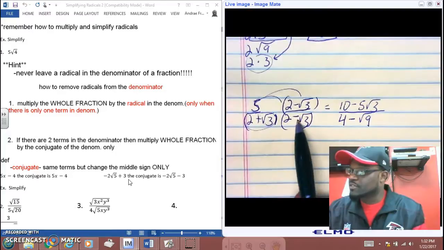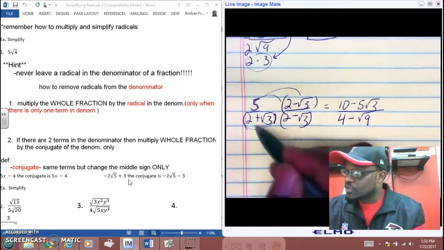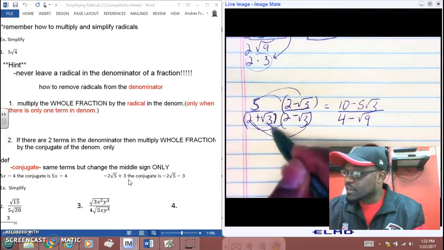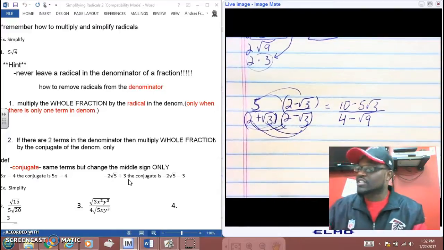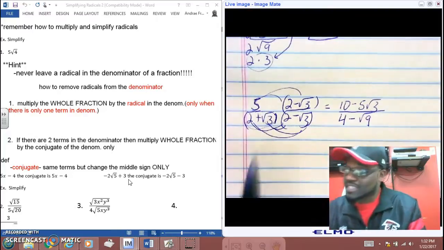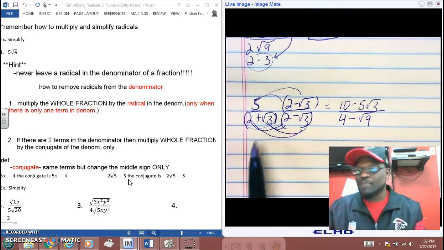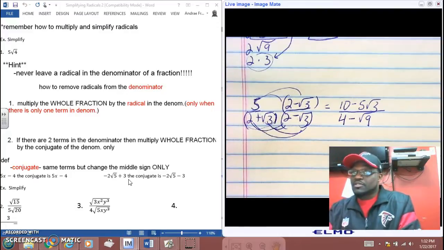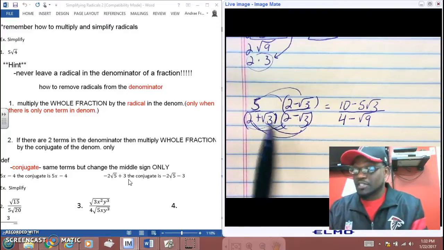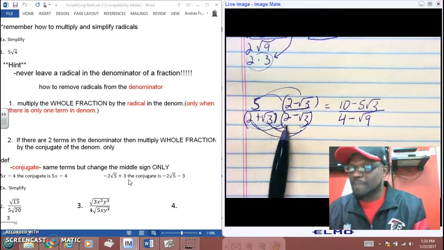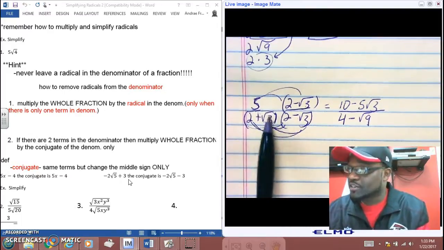Square root of 3 times negative square root of 3 is minus the square root of 9. You really should do 2 times 2, 2 times 3, and those 2, and those 2, but they cancel out. Just take my word for it. But it has to be the exact same thing, except the 2 signs are different. Now, if you remember from factoring the difference of 2 squares, that should make sense to you, because we've seen this type of stuff before, not necessarily with a radical.